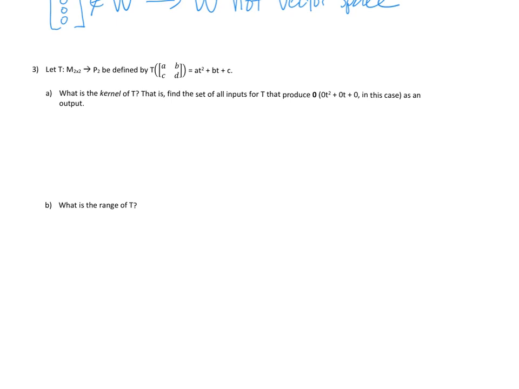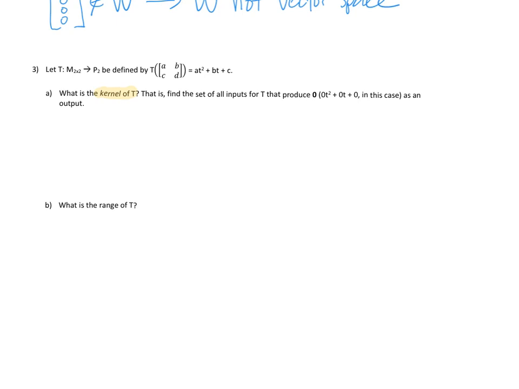So the rule is you input a matrix A, B, C, D into the transformation T, and the output is At squared plus Bt plus C. The question is, what is the kernel of T? The kernel of a linear transformation is like the null space of a matrix. It is all inputs for T that produce 0 as an output, 0t squared plus 0t plus 0 in this case.